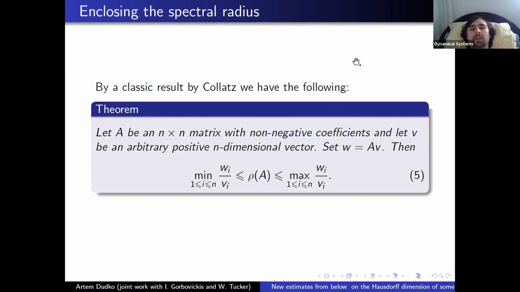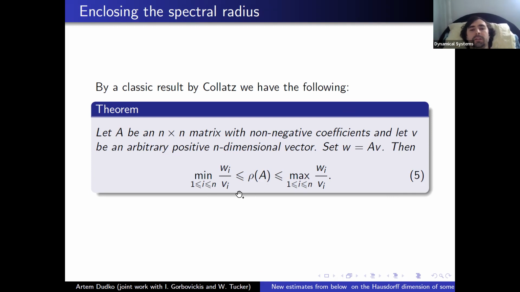And finally, a remark on computing spectral radius. Given an n times n matrix with non-negative coefficients, Collatz showed the following inequality for the spectral radius.